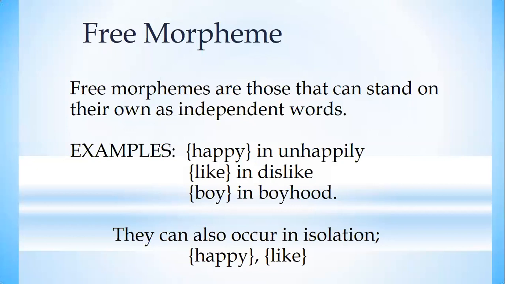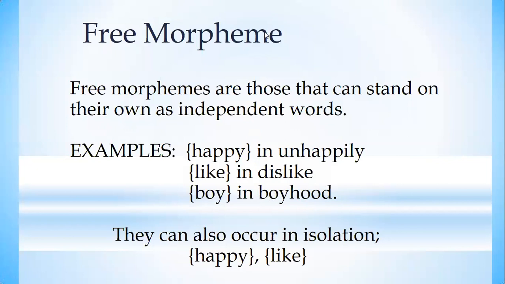They can occur in isolation, like happy or like. So they can stand alone, even though we remove the prefixes un, dis, and suffix hood. So those are the free morphemes.